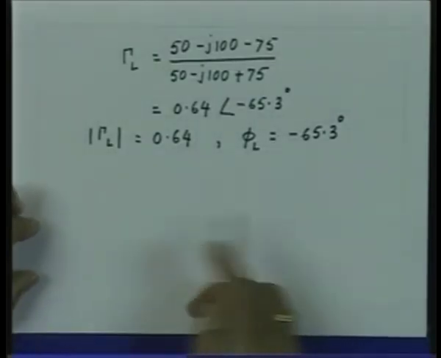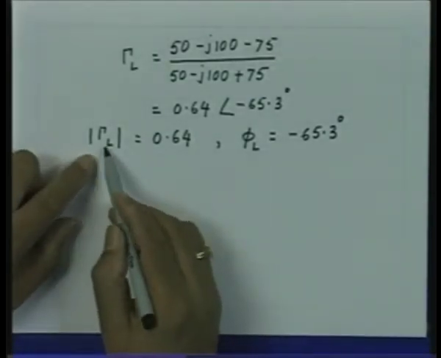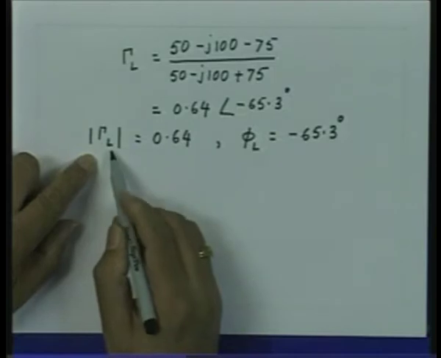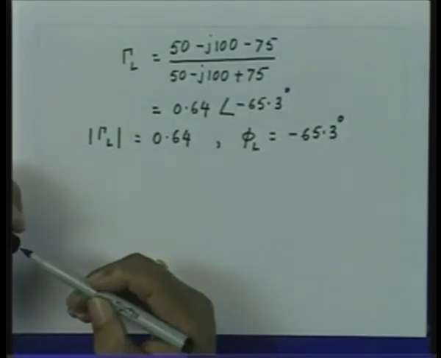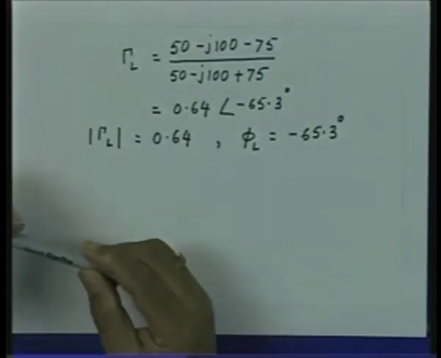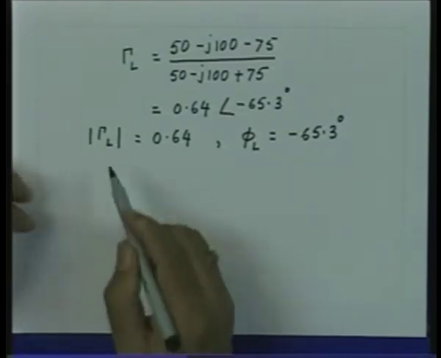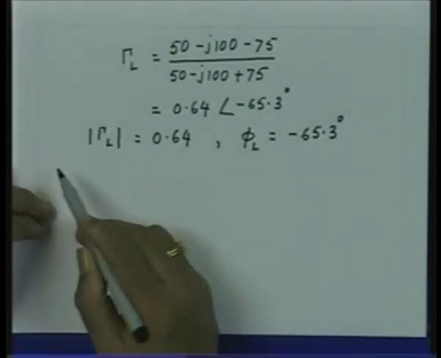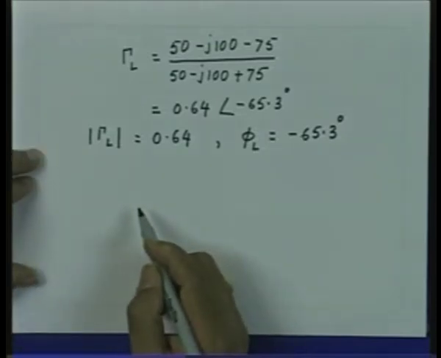Next, since nothing is told about the line, we take the liberty to choose the line to be lossless, and therefore the magnitude of the reflection coefficient remains the same at every point on the line.